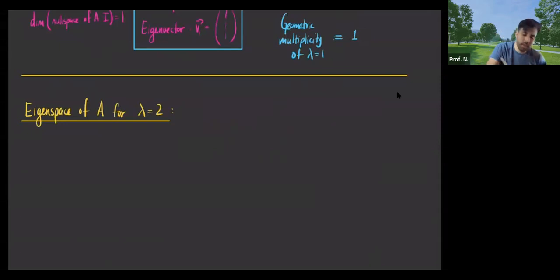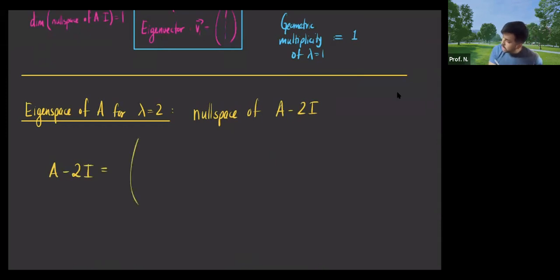Null space of A minus 2I. That's right. Now we're talking. It's the null space of A minus 2I. So I need to find what A minus 2I looks like.